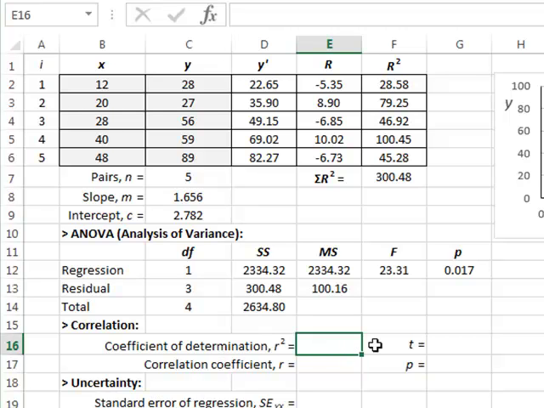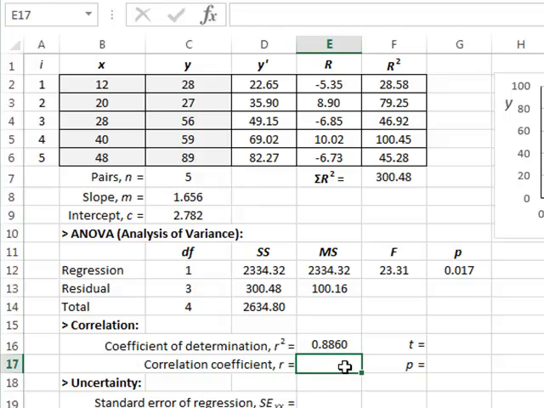The next step is to look at the correlation coefficients, and the coefficient of determination, r squared, is a measure of how much of the variation in the y values can be predicted by the variation in the x values and can be calculated as being equal to 1 minus the sums of squares of residuals divided by the total sums of squares.